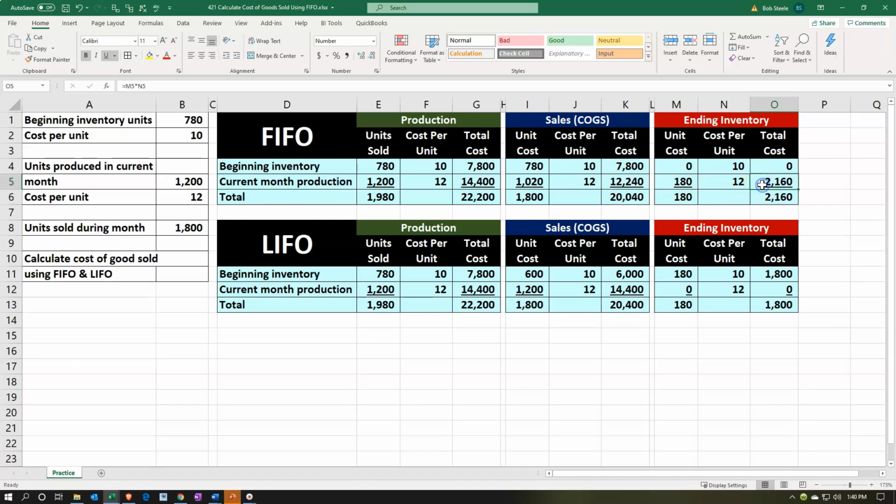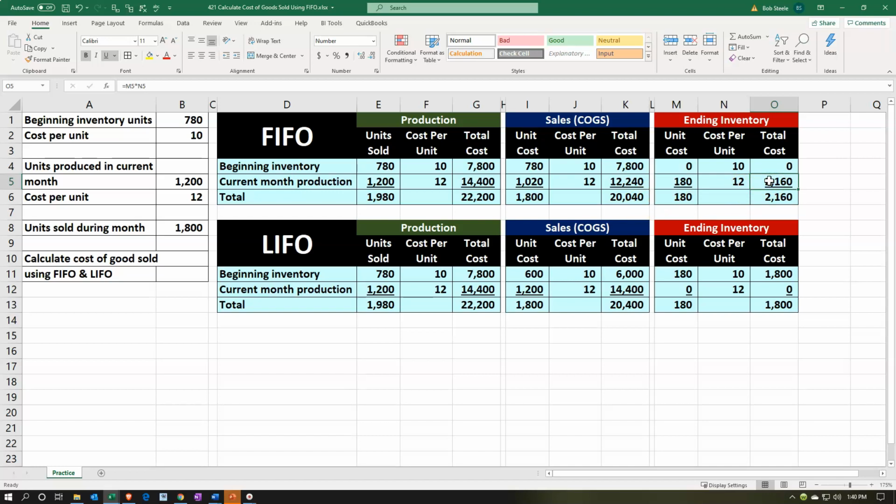So our assets are higher under the first in, first out. So notice first in, first out's making us look better, on both sides of the equation here, right? On the sales side, we have a higher net income because we have a lower cost of goods sold, and the assets we have are higher.